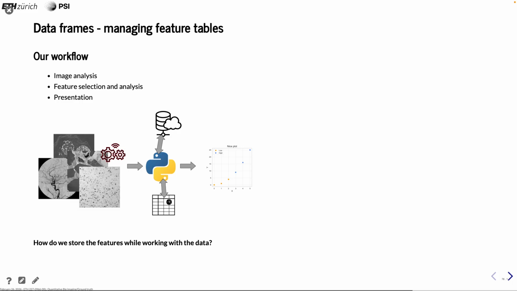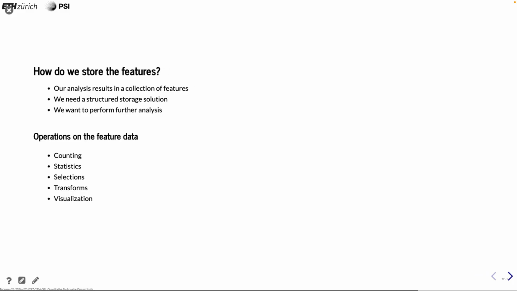You can actually also put images in the data frame if you like. So that would be another option, that you actually have the different steps, or you have the original image and the final image, and then some statistics around it. And if we have lots of feature data that we then extract in these tables, like in the spreadsheet, you can do counting in here, you can do statistics, you can also do selections, filtering out.